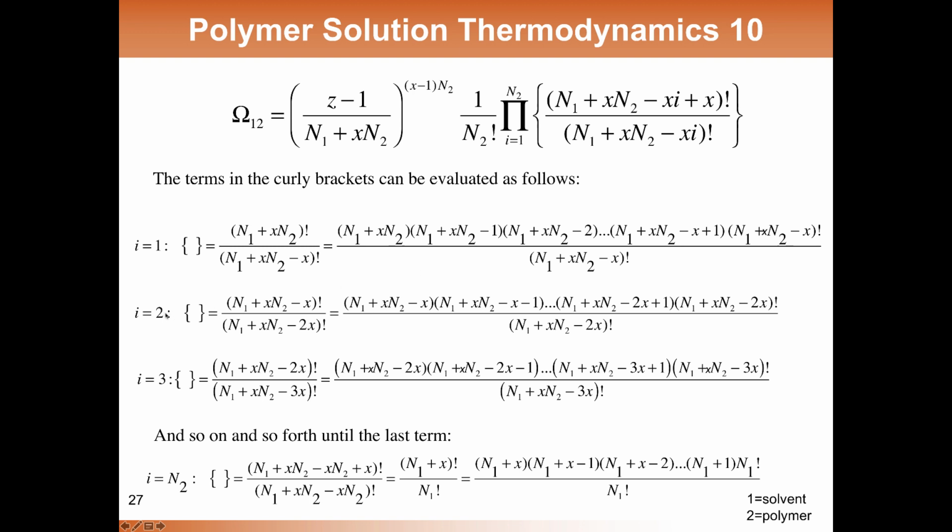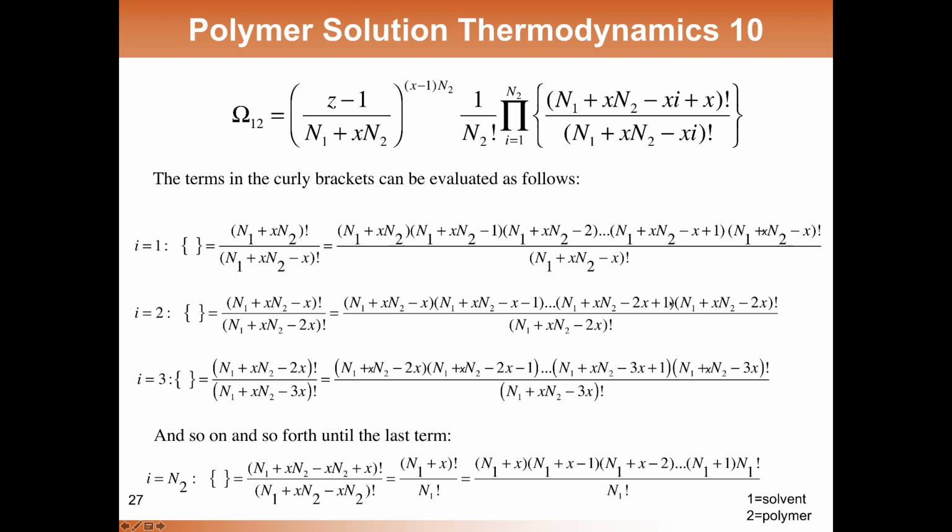For i equals 2, it picks up at the next term, right? n1 + xn2 - x. And remember, with this product sign, these terms are all multiplied together. So we have just a string of these guys being multiplied together.